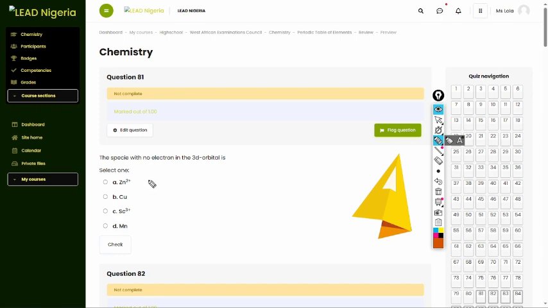It has an atomic number of 30, and the configuration is 1s2, 2s2, 2p6, 3s2, 3p6, 4s2, and 3d10. So all of this will give you 30. Now when zinc forms the 2+ ion, it loses 2 electrons, and the 2 electrons come out of the 4s orbital. So it loses electrons from the 4s before the 3d. So the 4s orbital is gone, and it still has electrons in the 3d orbital, so it's not zinc.